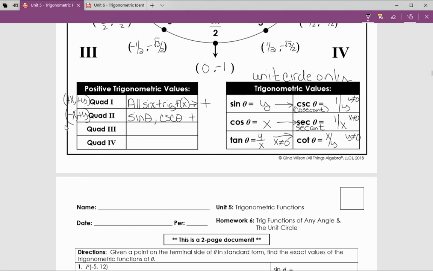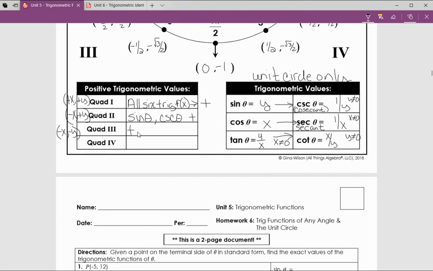Now, when you get into quadrant 3, this one's a little bit tricky because both numbers are negative. So, if you look at tangent and cotangent, if you take a negative y and divide it by a negative x, does it not turn into a positive number? For cotangent, if you were to take a negative x number and divide it by a negative y number, would it not turn into a positive?